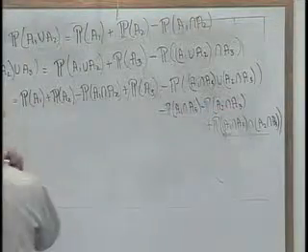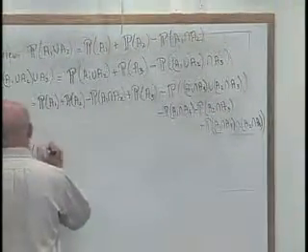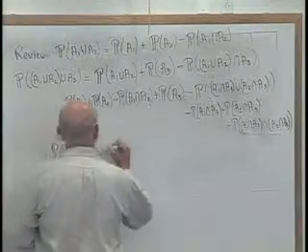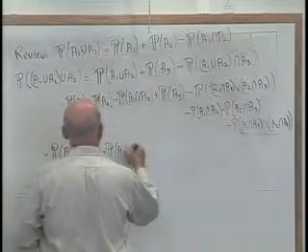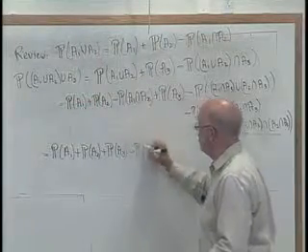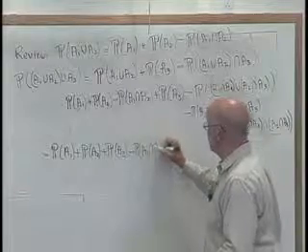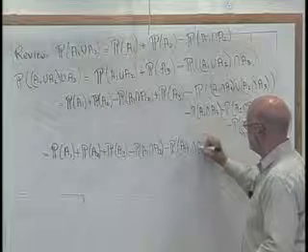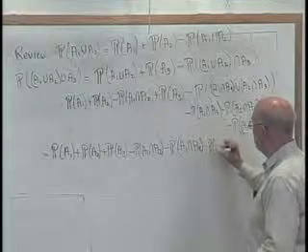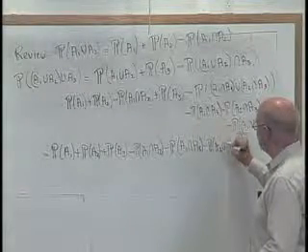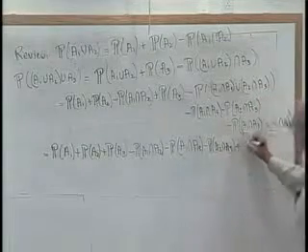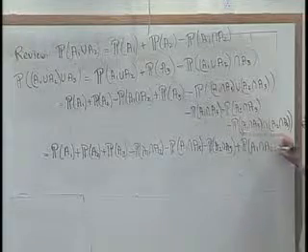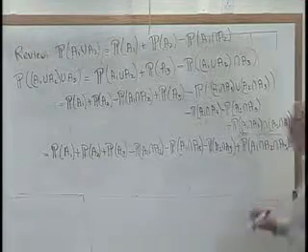So my final result, when I combine the terms, is the probability of A1 plus the probability of A2 plus the probability of A3 minus the probability of A1 intersect A2 minus the probability of A1 intersect A3 minus the probability of A2 intersect A3 plus the probability of A1 intersect A2 intersect A3.